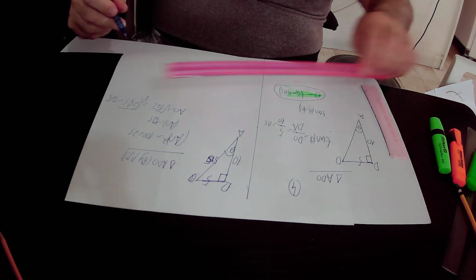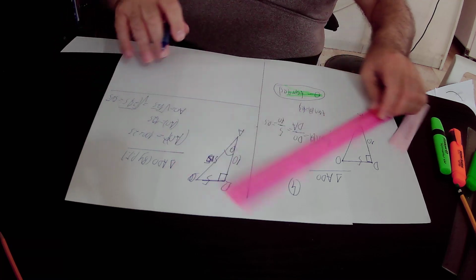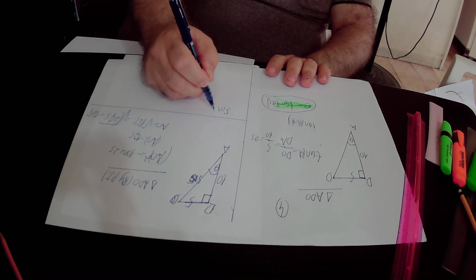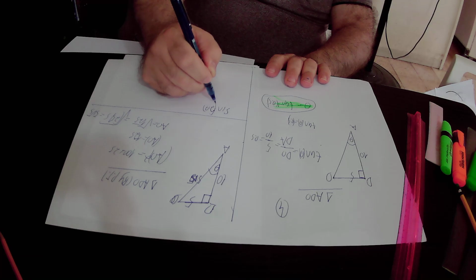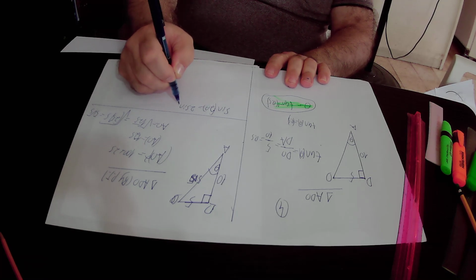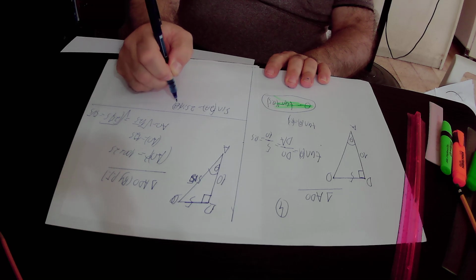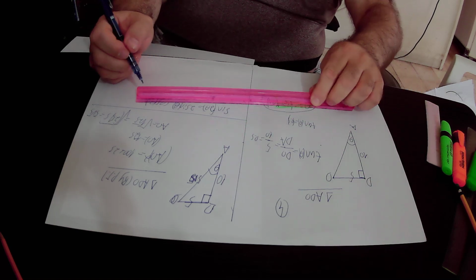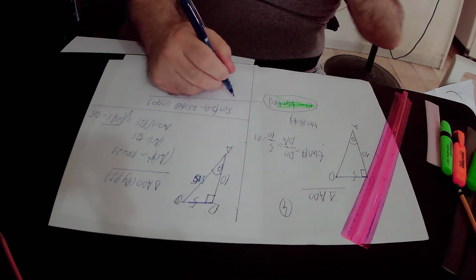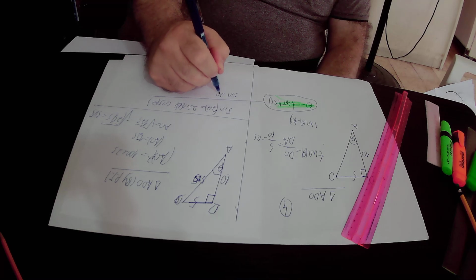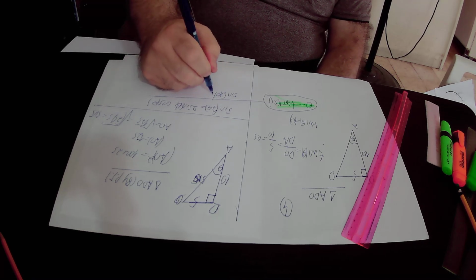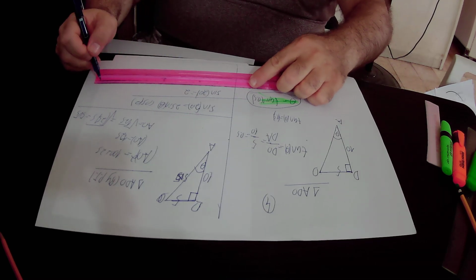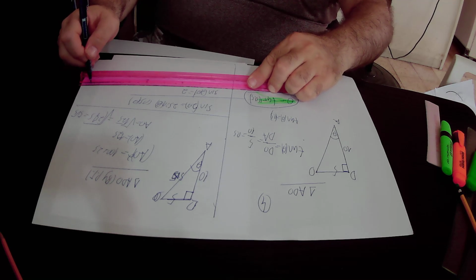And we also know that sine 2 theta equals 2 sine theta cosine theta. So sine 2 theta equals 2 times sine theta times cosine theta.